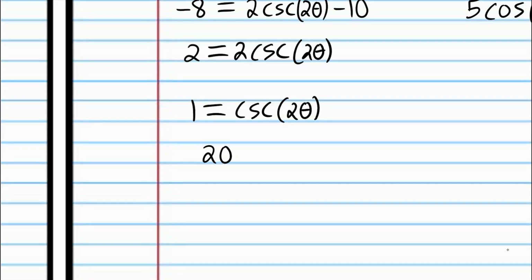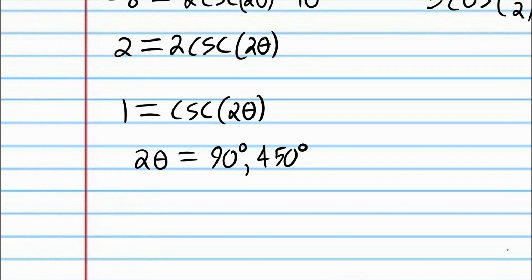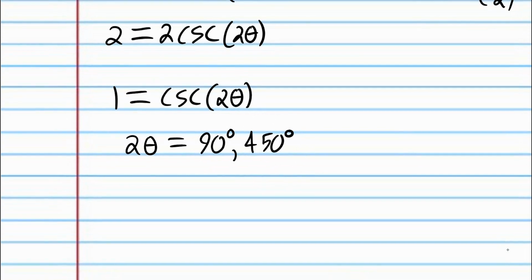So 2 theta can be equal to 90 degrees, and if we add 360 to that, we get to 450 degrees. Already we have a solution that's too big. This 450, it's too big. But again, we're not looking for these numbers. We're looking for those numbers divided by 2. So let's find some other solutions.